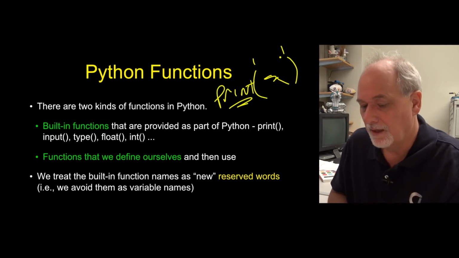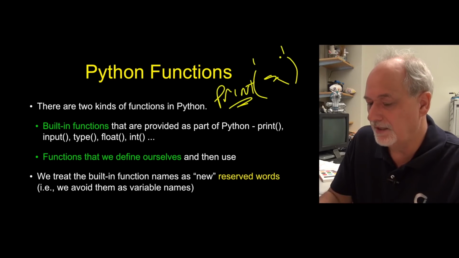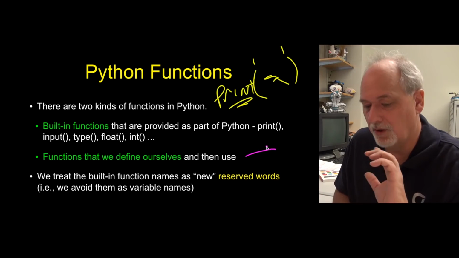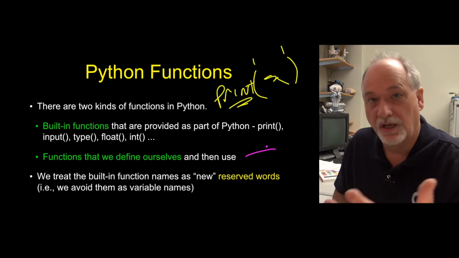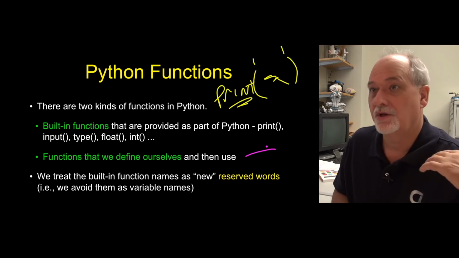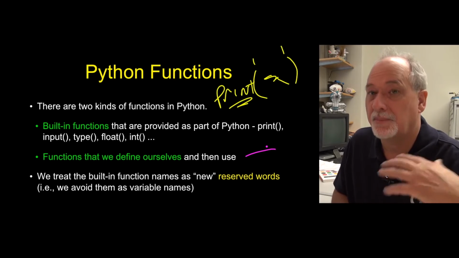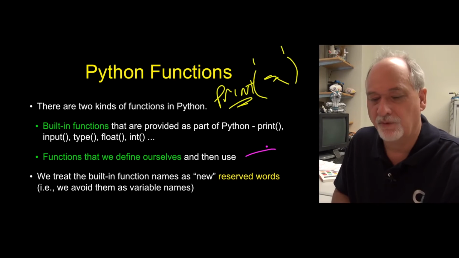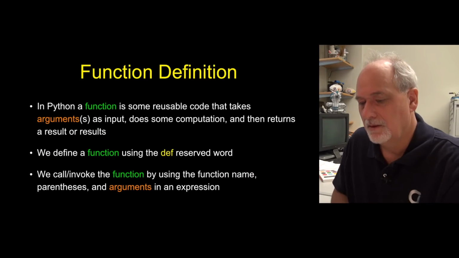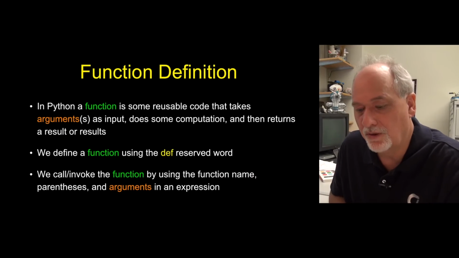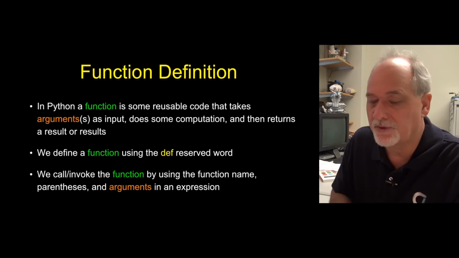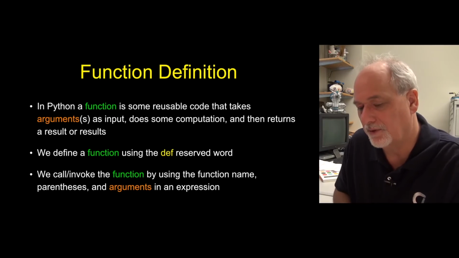And then there are other functions that we define and use, and that's what the def is for. In effect, we can create new reserved words of our own making that extend the Python language after we define the function. So it's just this bit of reusable code that takes some arguments. We haven't seen any with arguments. There's a little parenthesis, and we'll see how that works in a bit.